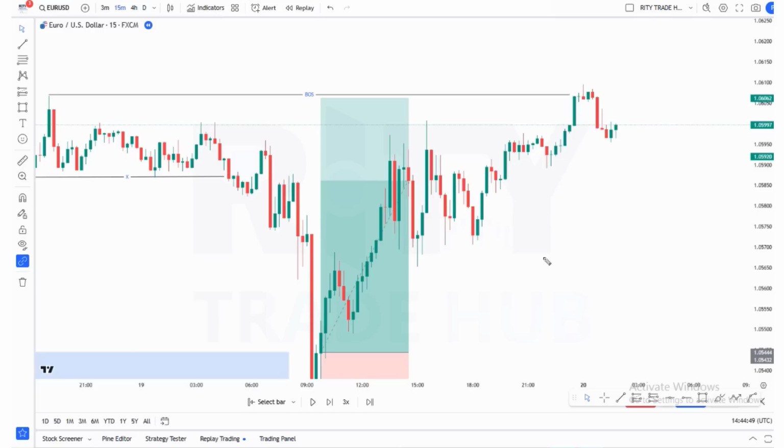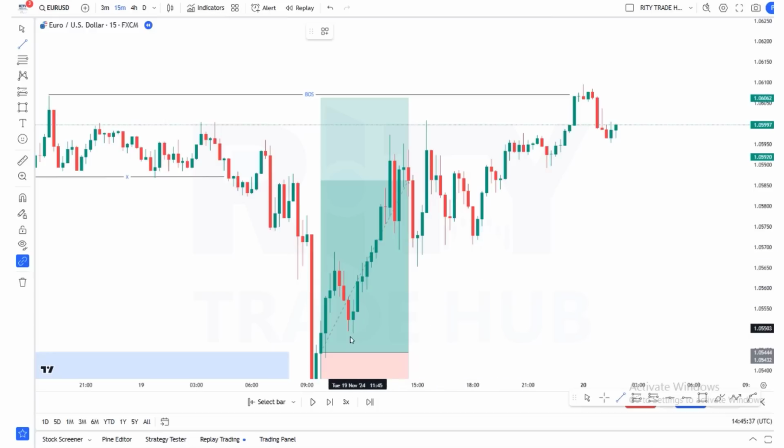But guys, for me as a professional trader, with my years of trading experience, while others were looking out for buying opportunity in this trade setup, I was positioning myself for a selling opportunity due to the market behavior and my experience with this price movement.